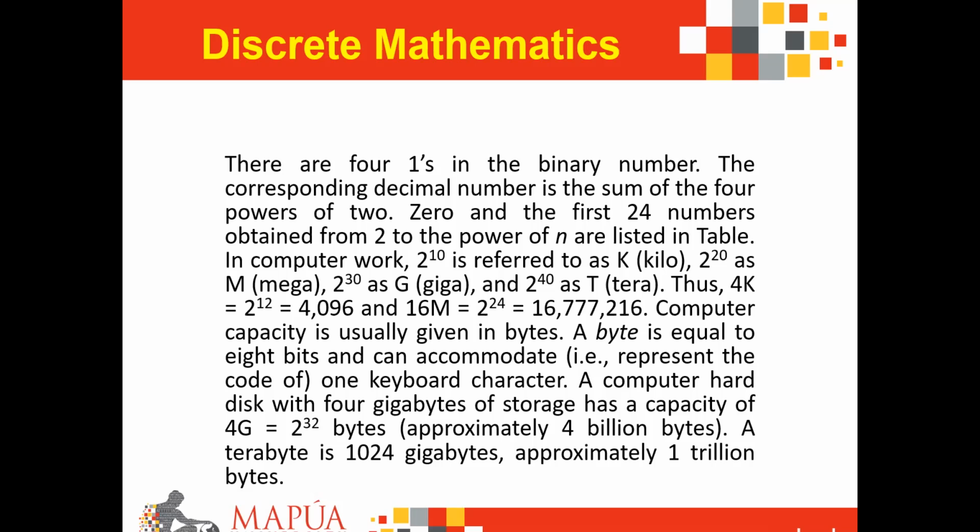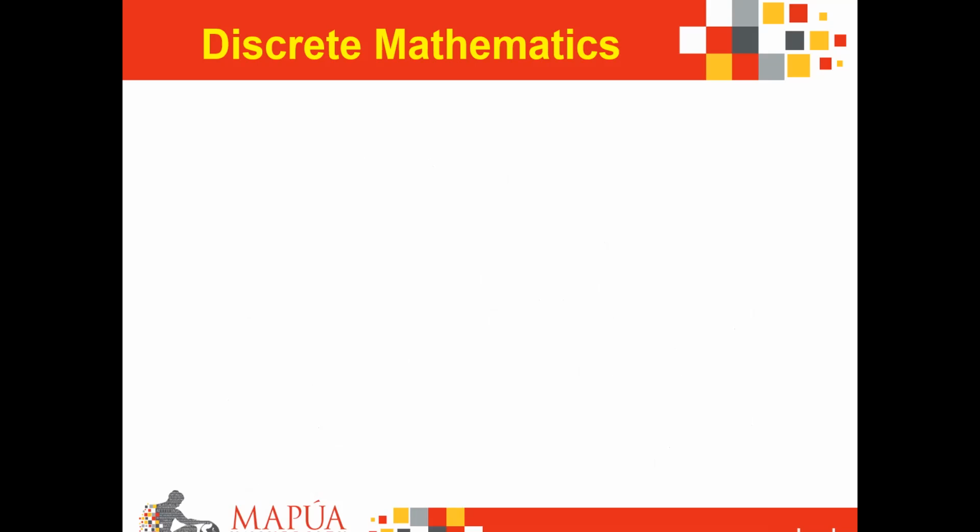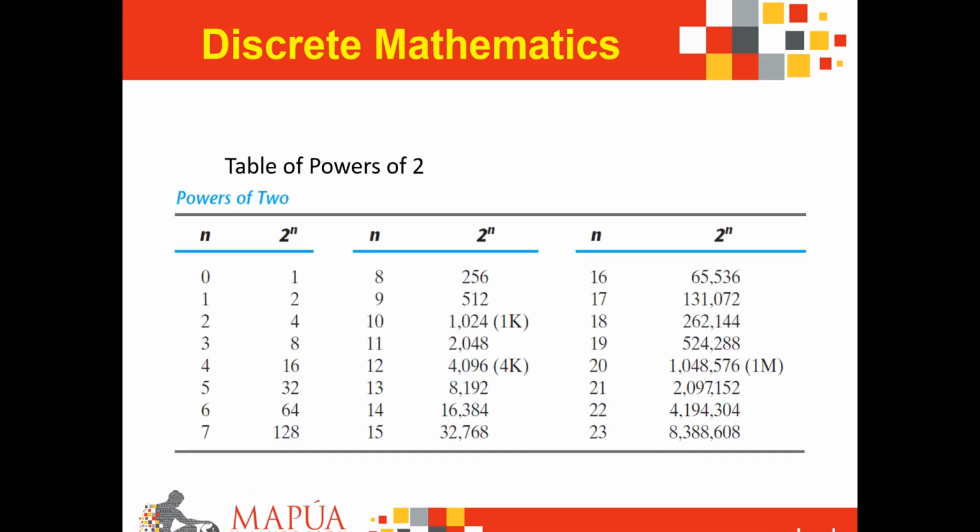The first 24 numbers obtained from 2 to the power of n are listed in the next table, which shows you the given power of 2 and the corresponding common notation that is often associated with powers of 2.